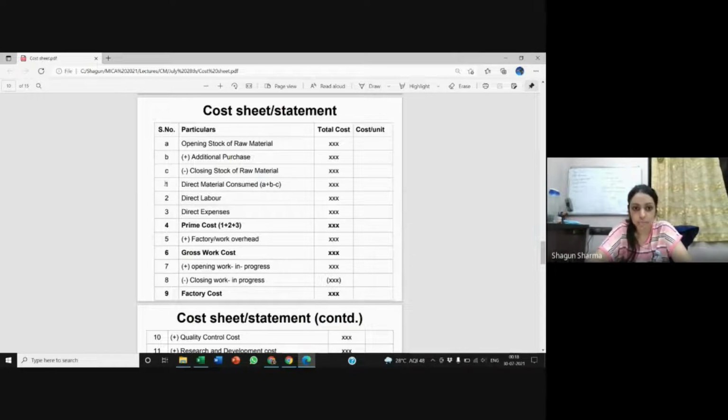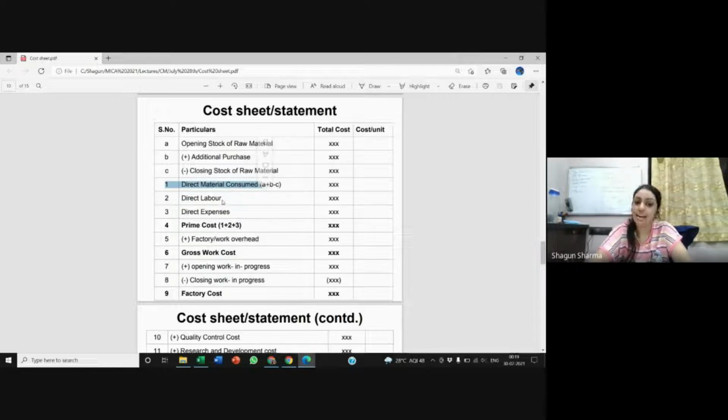So the cost sheet begins with the first item, which is the direct material consumed. Now, how did we arrive at this figure? That was the beginning of the video. The opening stock of raw material plus additional purchases less closing gives me the first item of my cost sheet, which is direct material consumed. Okay.